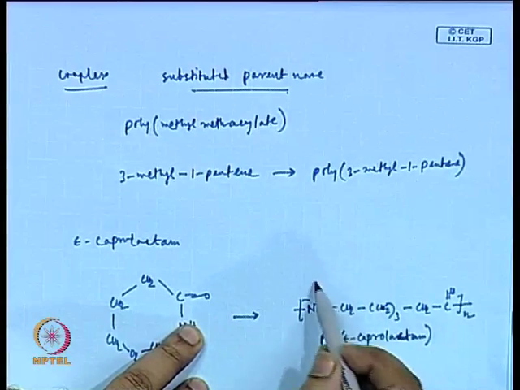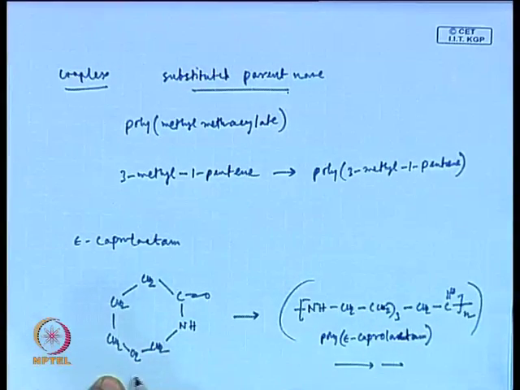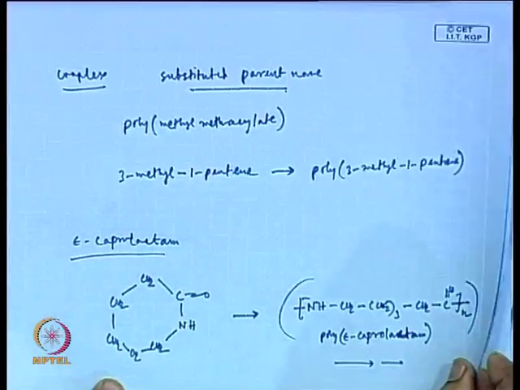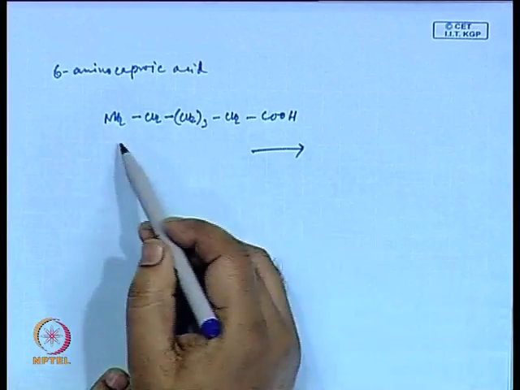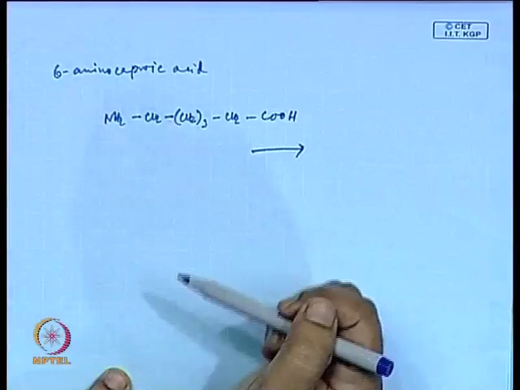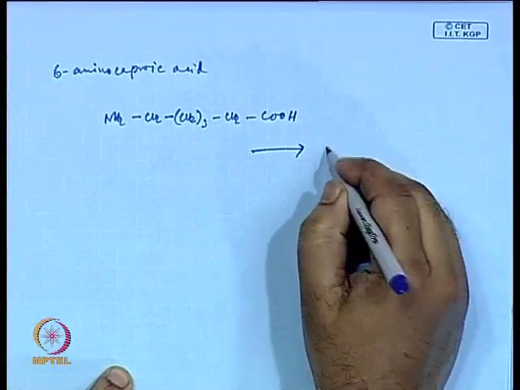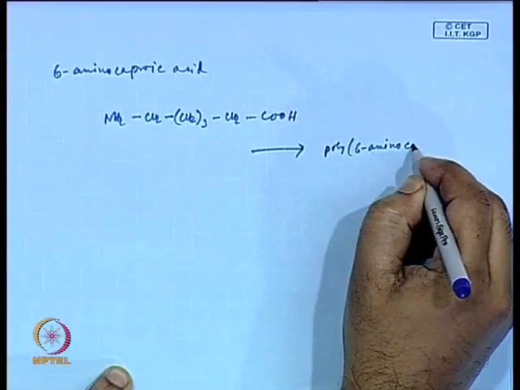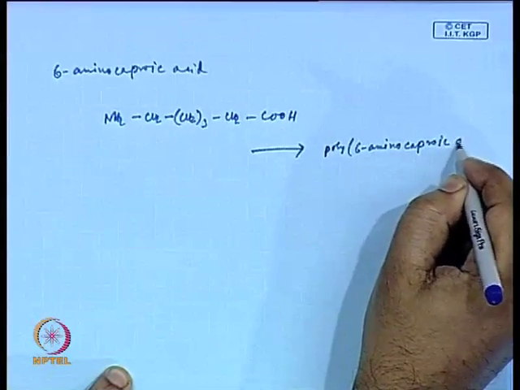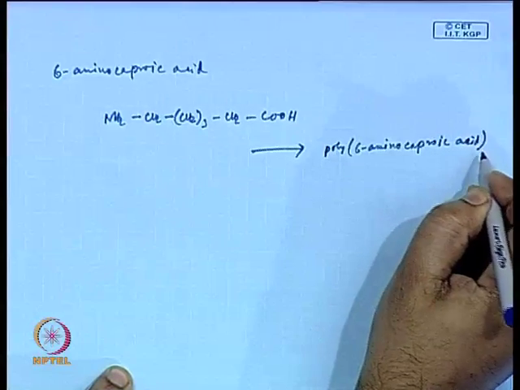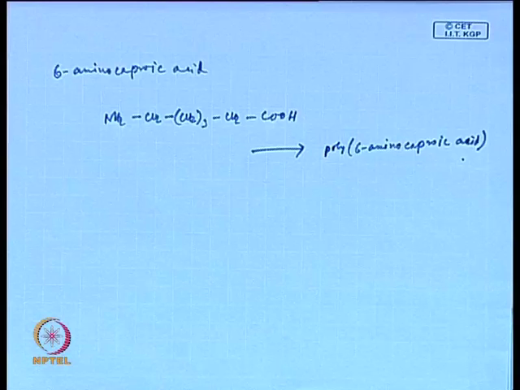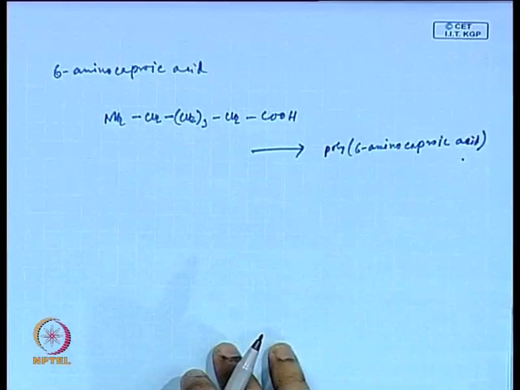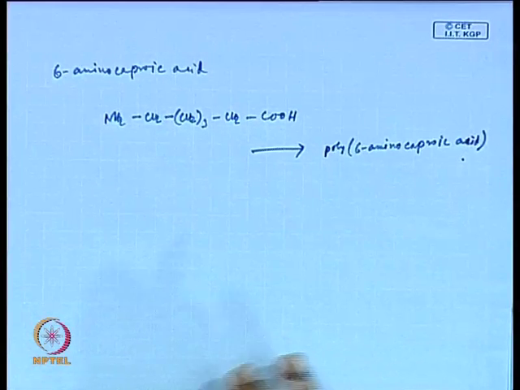The same polymer can be achieved by ring opening polymerization of caprolactam and by condensation of 6-aminocaproic acid. So, you can also write this as poly(6-aminocaproic acid). So, the same structure, the same polymer, sometimes can be named in a different way.